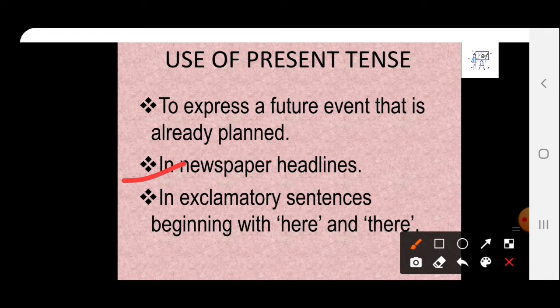In exclamatory sentences beginning with here and there. These two words are given, here and there. When exclamatory sentences are used, that also shows the use of present tense.